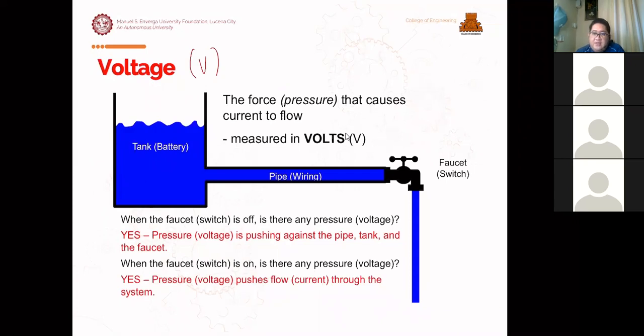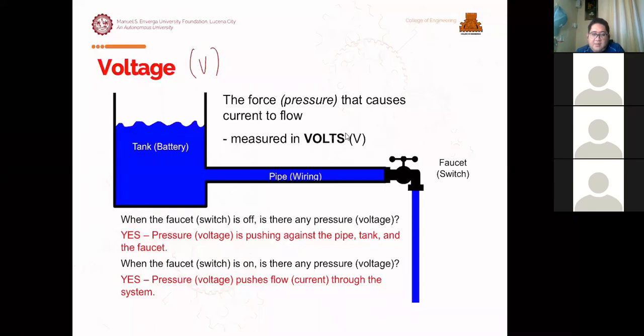Kaso walang outlet o walang paglalabasan ng water. Continuous lang yung pag-apply niya. Ganun si voltage. Continuously ina-apply niya yung puwersa niya para dumaloy yung current, pero since naka-off ang switch, hindi magfo-flow yan.